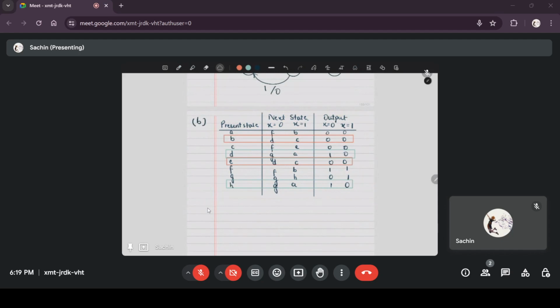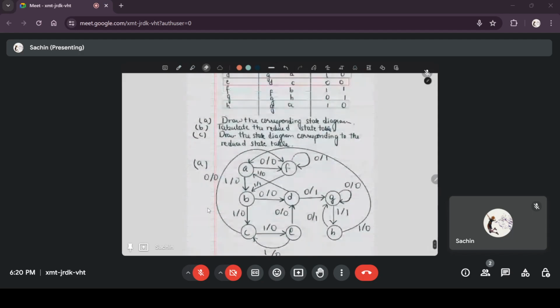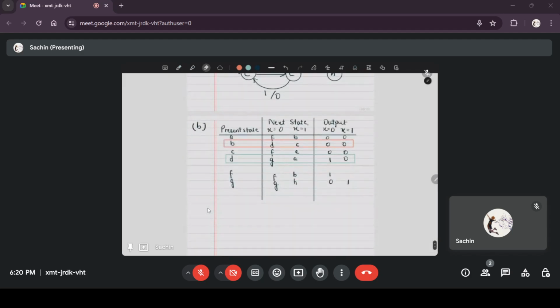So I can remove the row containing E, and I can remove the row containing H. And wherever there's an E, I can replace that by a B. And wherever there's an H, I can replace that by a D.